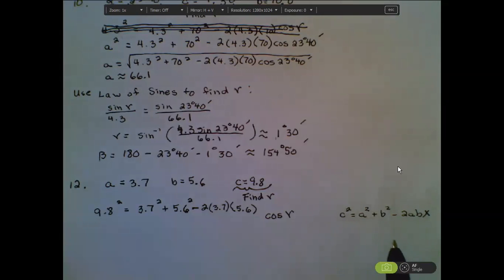You'd move everything that doesn't have an X in it to the other side. Okay. And since move isn't an algebraic operation, what should you be saying instead of move? Inverse operations. Well, what would you have to do to move that A squared over?